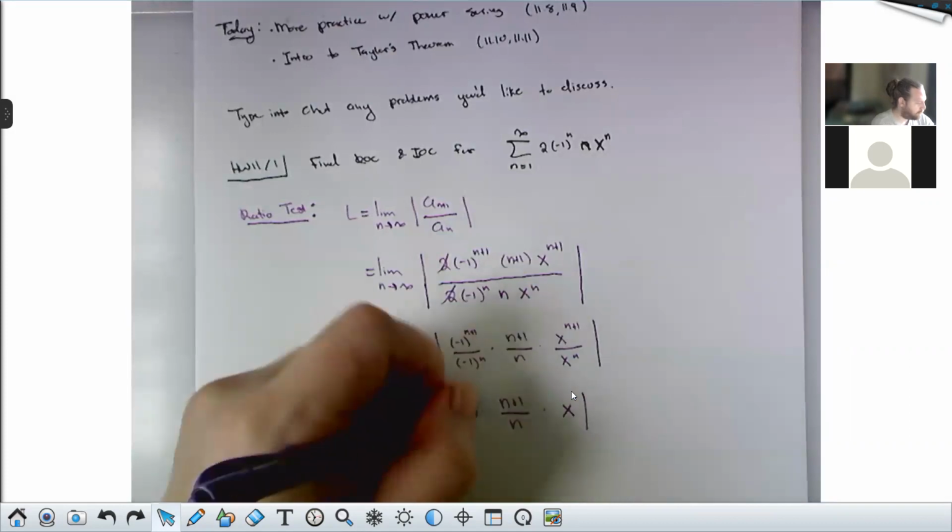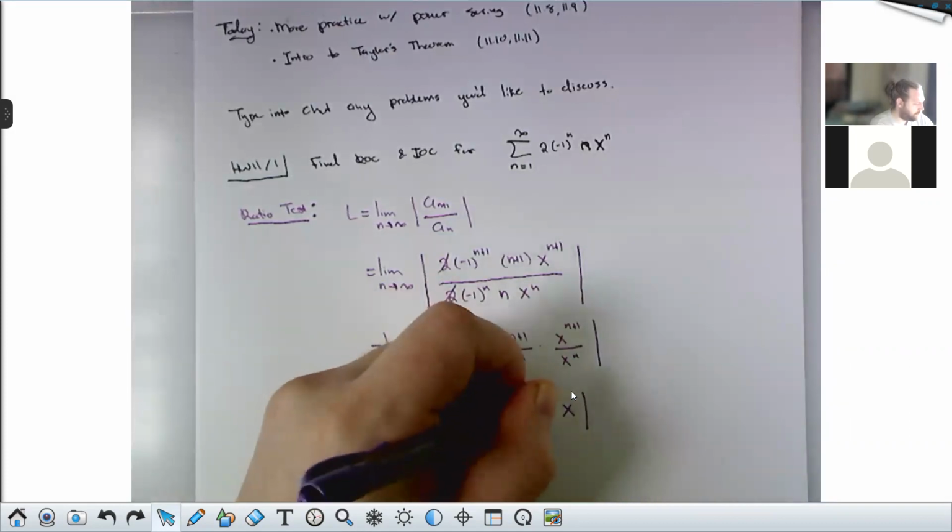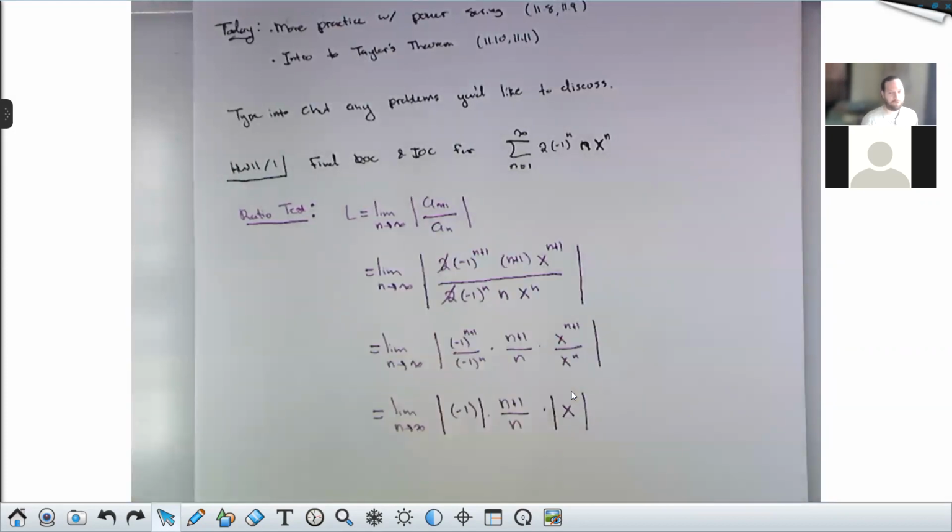And I can take the absolute value of each of these pieces separately. Since n plus 1 over n is certainly positive and is going to infinity, right? There's nothing negative here. He is just going to be himself. The absolute value of negative 1 is 1. This is going to go away. The absolute value of x is going to stay.